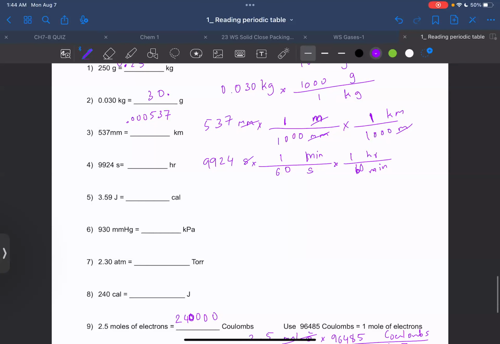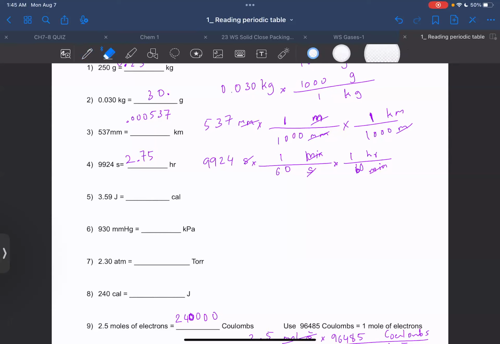You could. I'm just showing you how the units will cancel out. So that would be 2.5 7 5 and then 6 6 6 6 6. So we're going to round it.